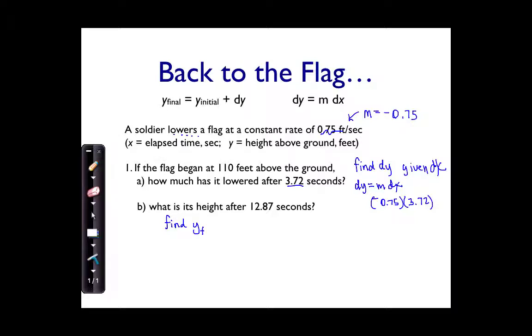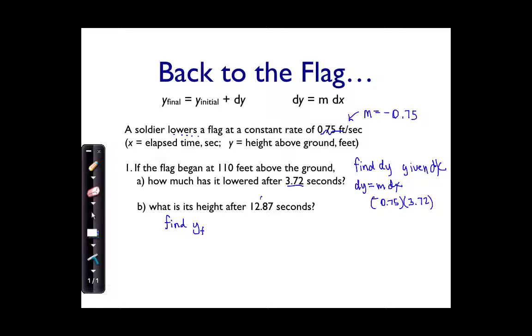Let's put yf. So we'd need to know y initial and dy to do that. Well, this isn't either of those. What is this 12.87 seconds? That's dx. 12.87 seconds have gone by, like 12.87 minus 0.